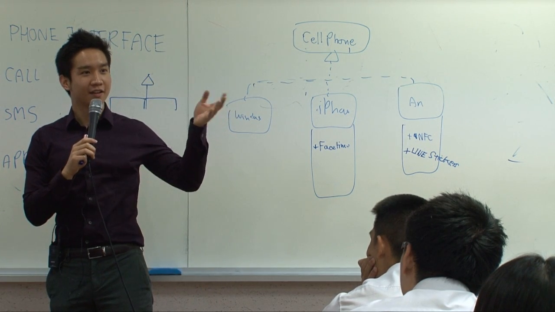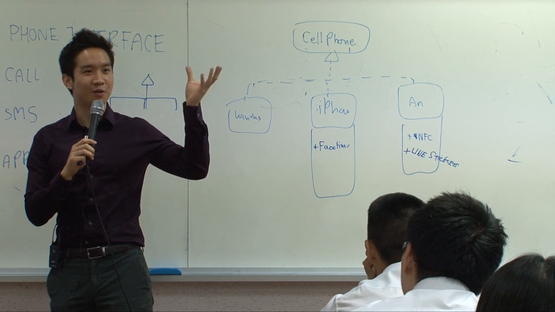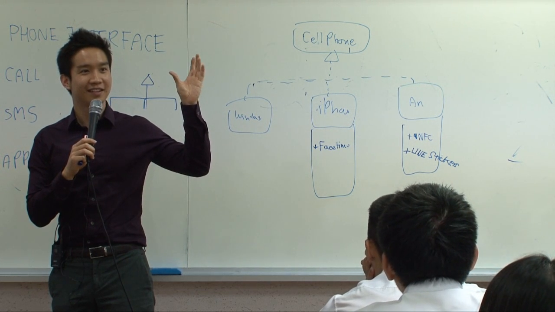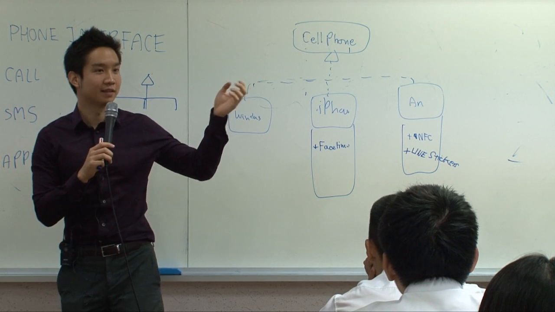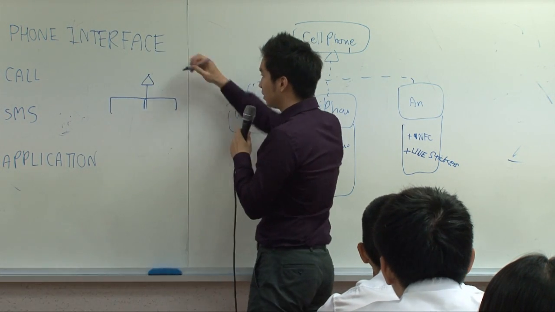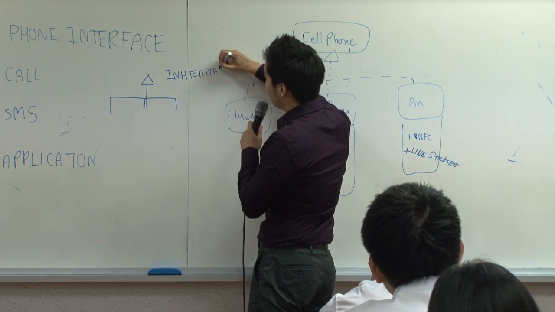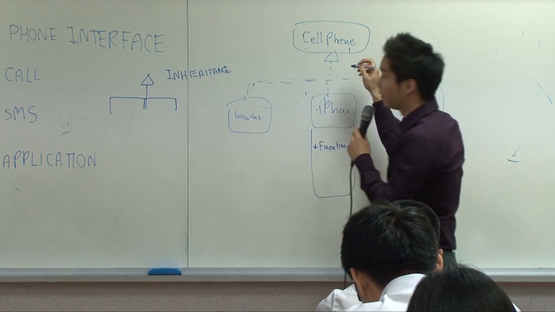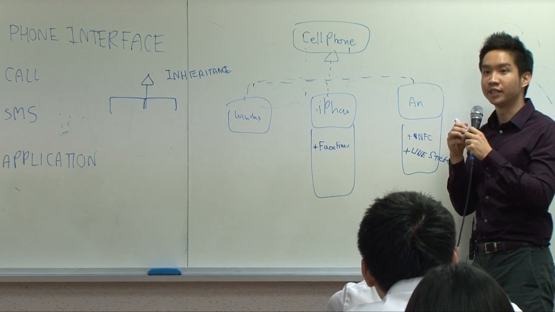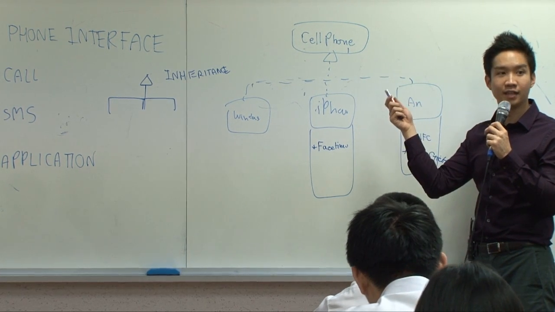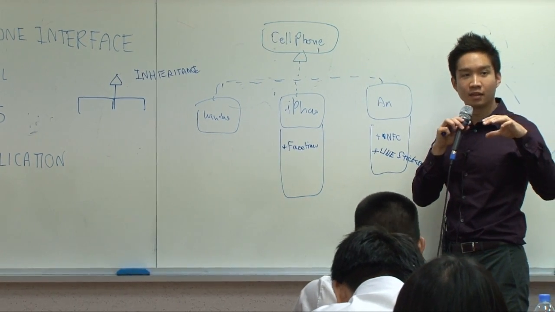Yeah, hierarchy, or in OO, we call that inheritance, right? So the difference between inheritance and interface is just the interface. We use a dotted line to represent an interface.